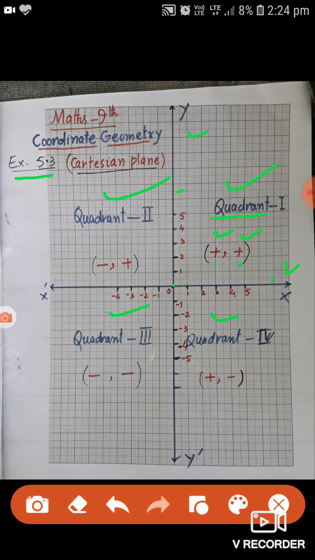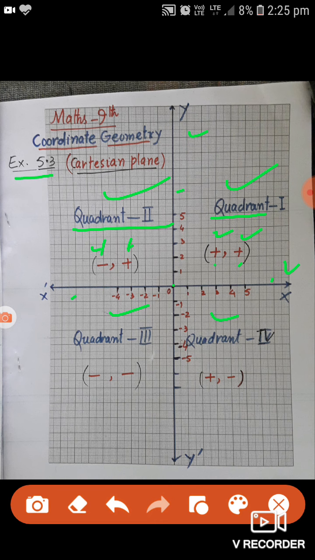In the second quadrant you have the negative side of the x-axis and the positive y-axis. So any point in the second quadrant will be of the form minus plus, that is, x coordinate negative and y coordinate positive. So it is the negative positive quadrant.